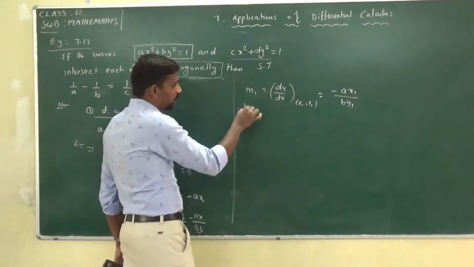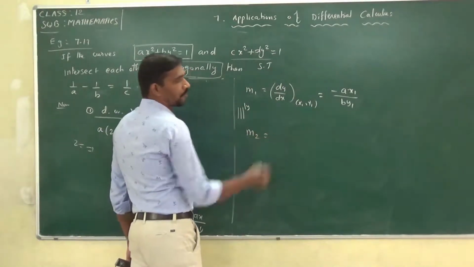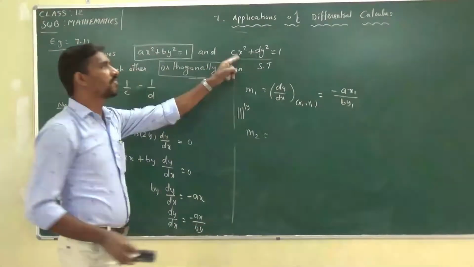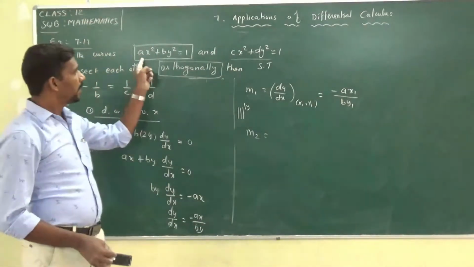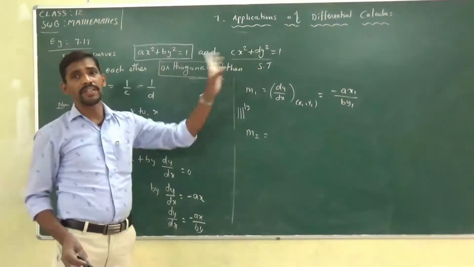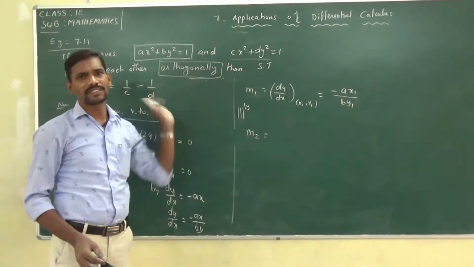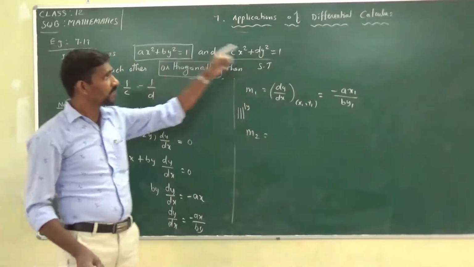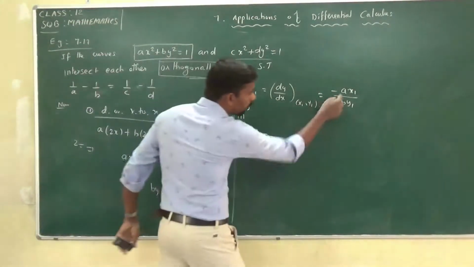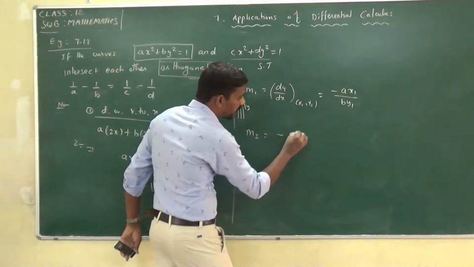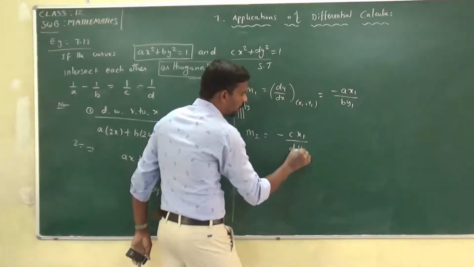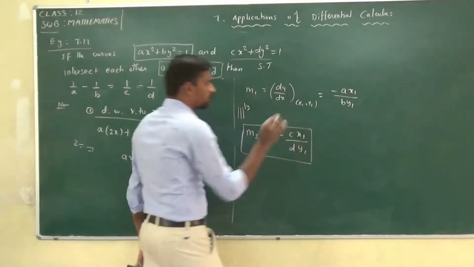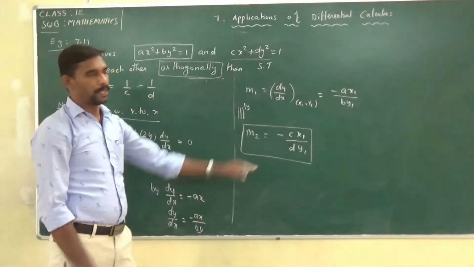Similarly, we can find m2 also. You see, the first equation and second equation: a is replaced by c, b replaced by d. That's all. Otherwise, these two equations are the same, isn't it? So instead of a, we assign c. Instead of b, we assign d. Hence, the slope will come automatically: minus cx1 divided by dy1. So m2 also we found easily.